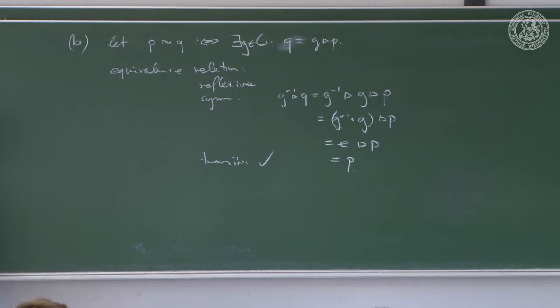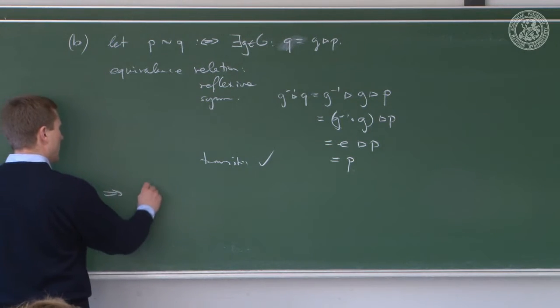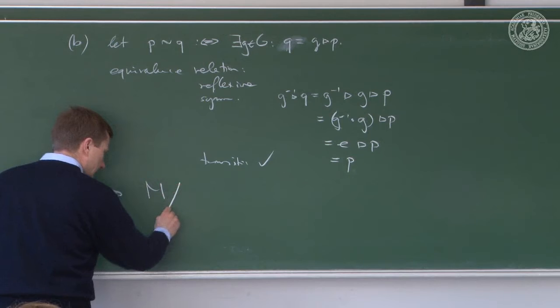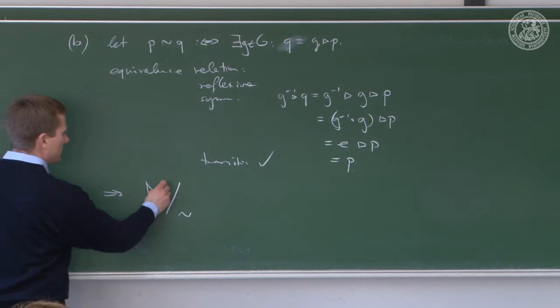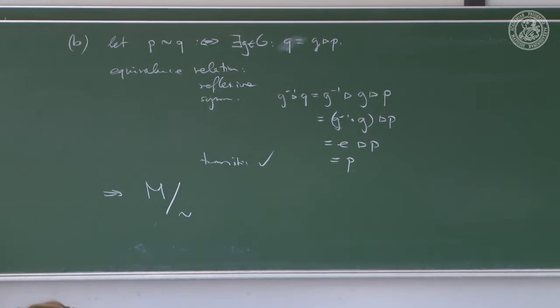So this is an equivalence relation, and if you have an equivalence relation, you can consider the equivalence classes. So you can take the manifold and identify all the points that are equivalent under the equivalence relation. So that's the quotient space.